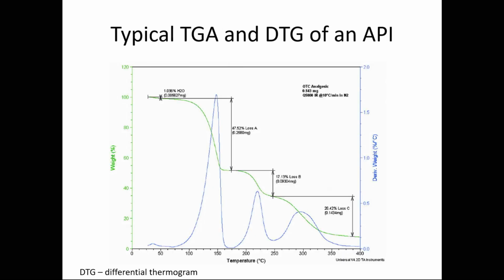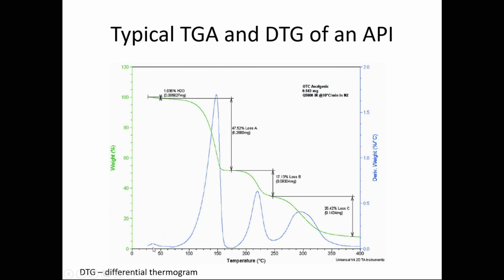Here we also have a figure for one of the active pharmaceutical ingredients, which was analyzed by TGA. In addition to the conventional TGA representation of data, the green curve here represents TGA. The same result could be mathematically transformed into differential form, and this differential form is called DTG, Differential Thermal Gravimetry.